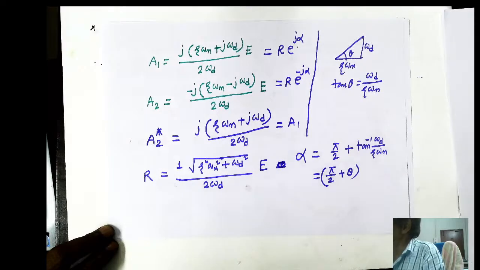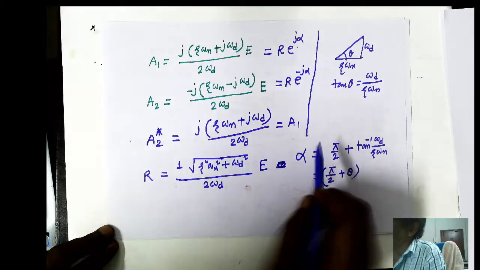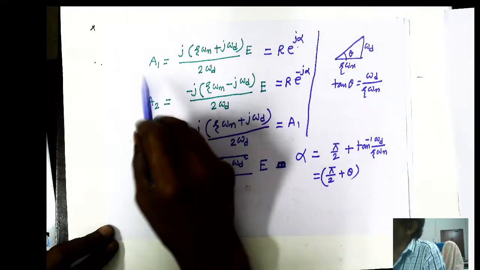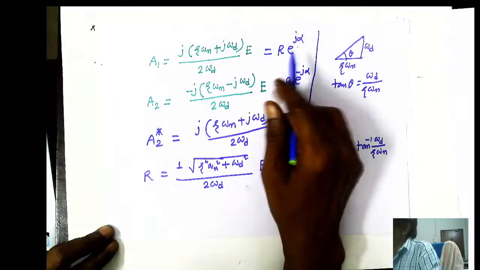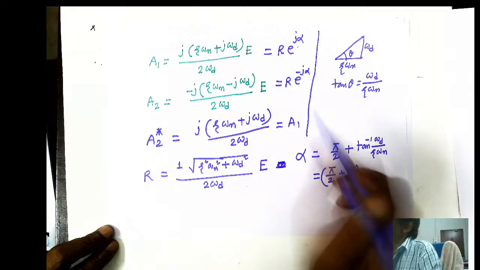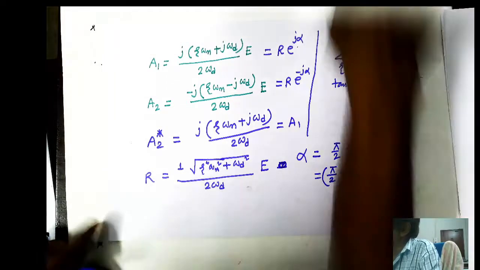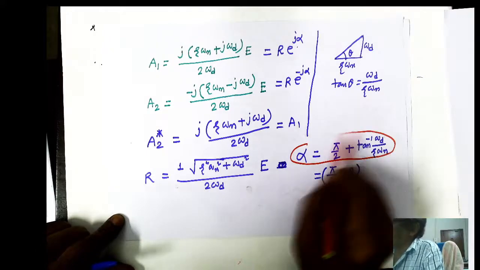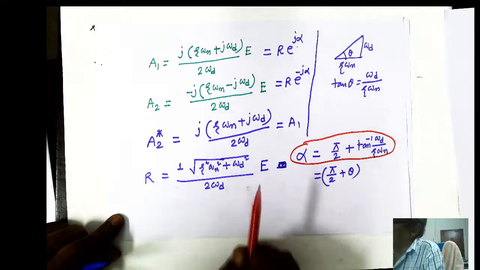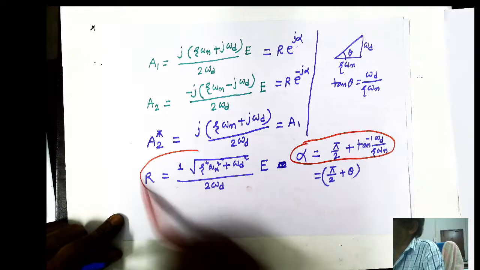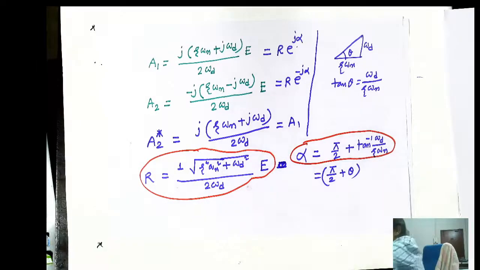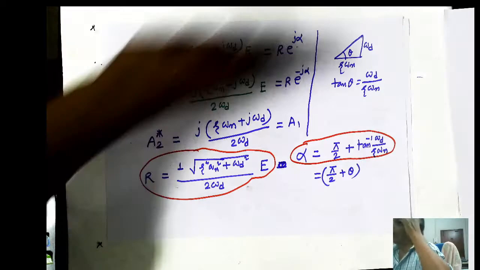So I know the magnitude of A1 and its angle alpha, which is denoted by this, and this is the magnitude R and theta I have found out. So R and alpha are known.